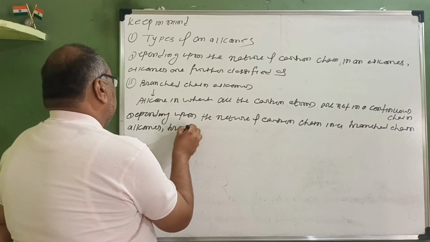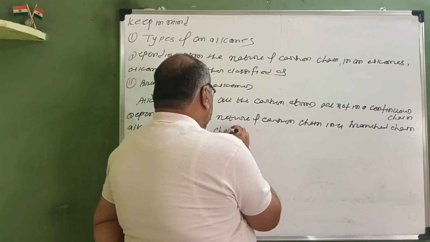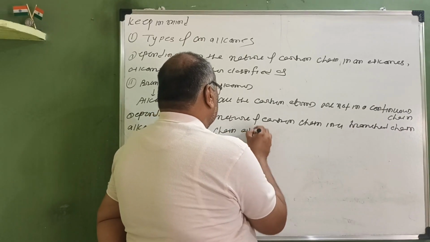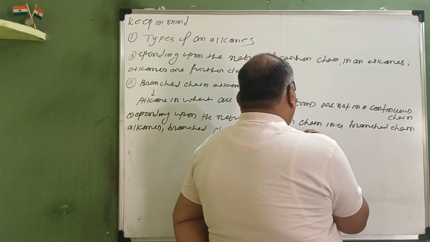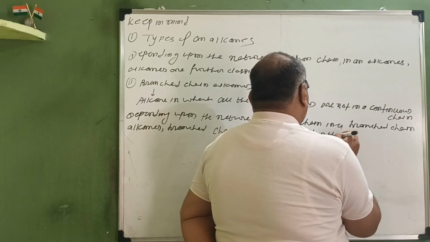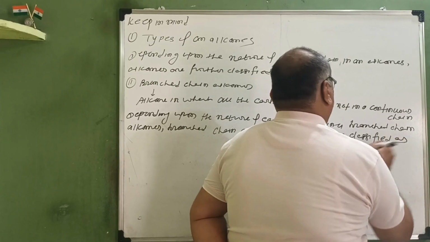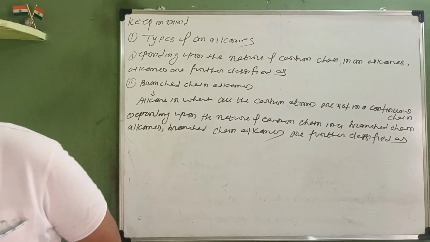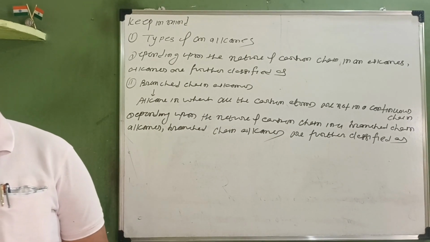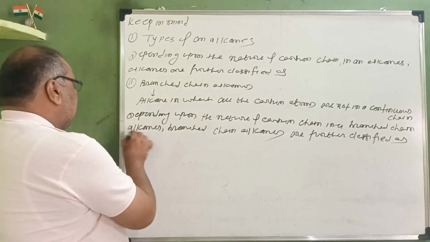branch chain alkanes are further classified as number one, isoalkane.